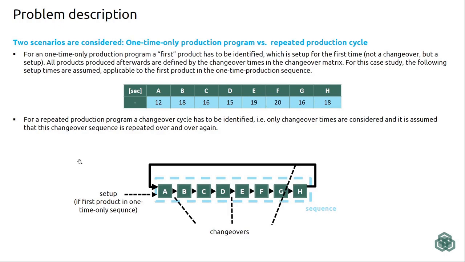You could say there are two sub-problems to this problem. One would be a repeated production cycle, and in that case we would assume that the production program repeats itself.